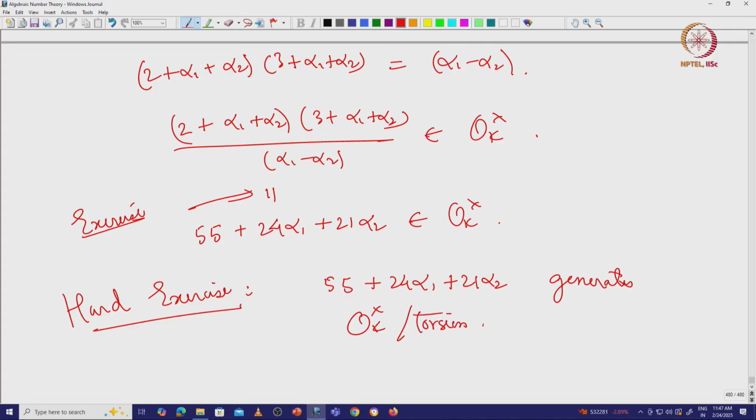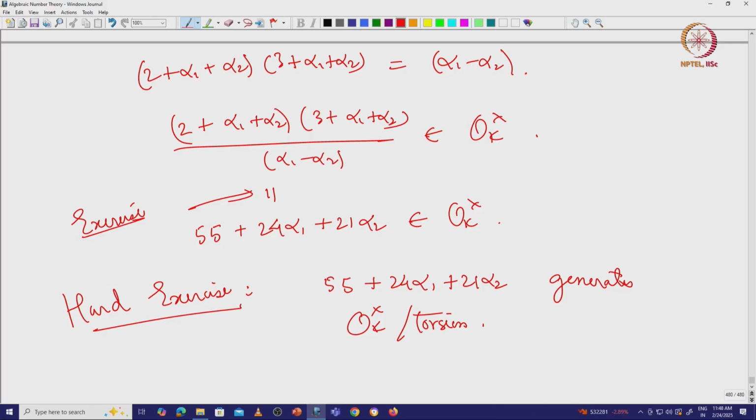So, this is what is called a fundamental unit. As I said, this is a somewhat difficult exercise, but it can be done. You can show that any unit is an integer power of this. The integer power could be negative as well. You can take this to the minus 1 and you will get another unit. It is possible to do this computation.